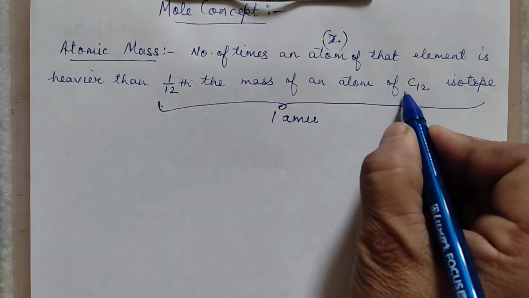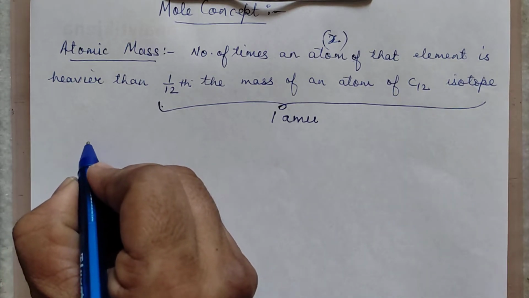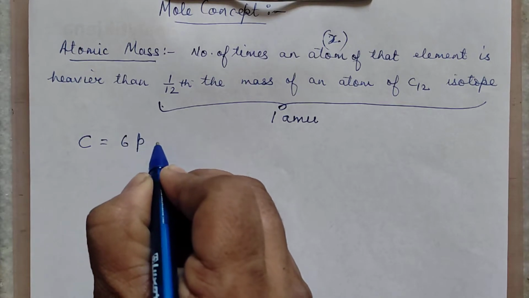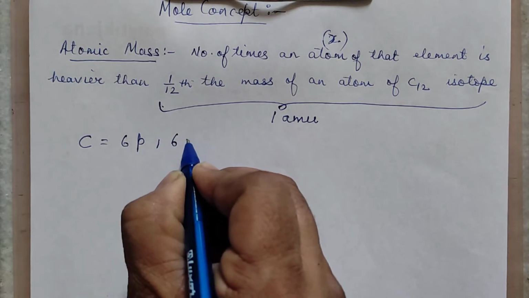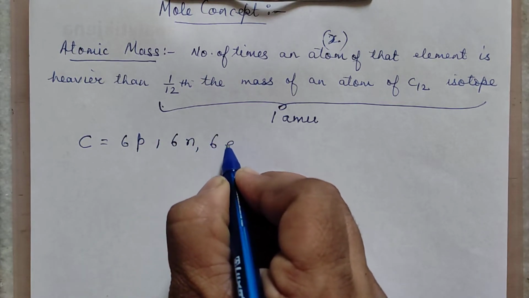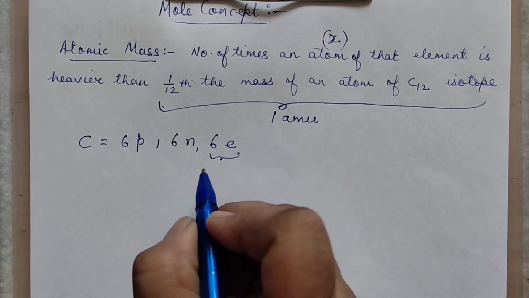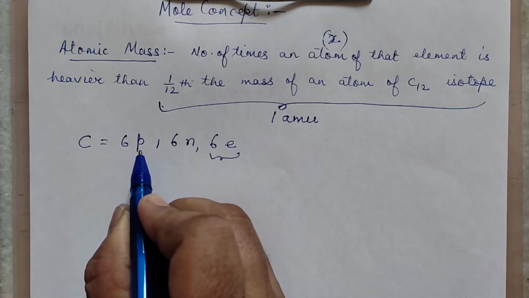Okay, now first we will see what is atomic mass unit. We are taking a reference of carbon 12 isotope. Carbon atom has 6 protons, 6 neutrons and 6 electrons. Electrons have negligible mass. What is the mass of one proton?